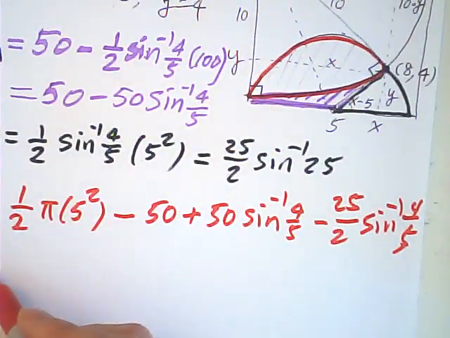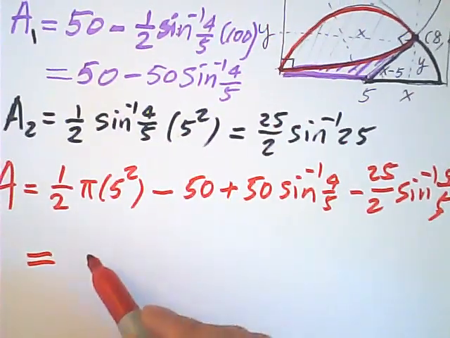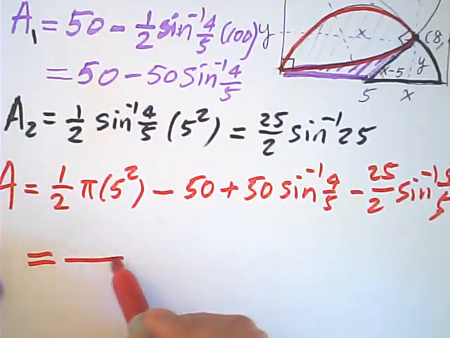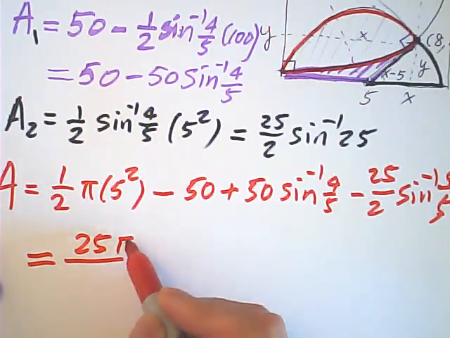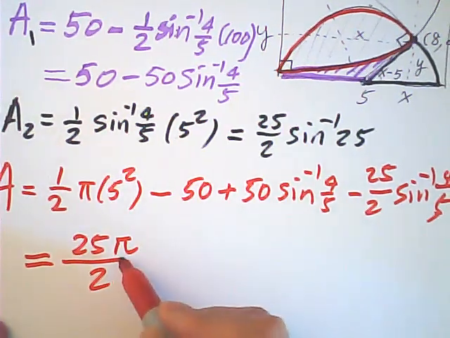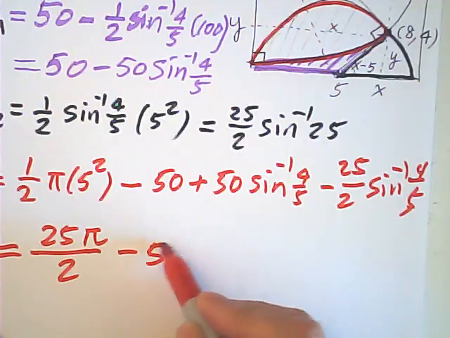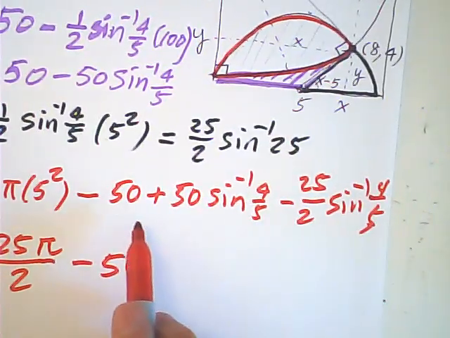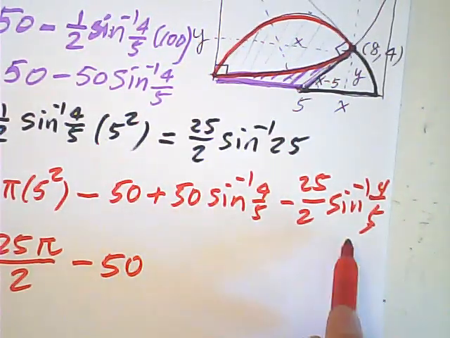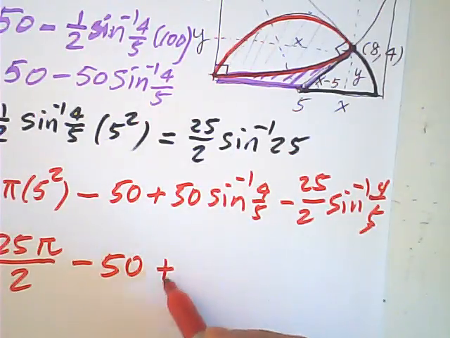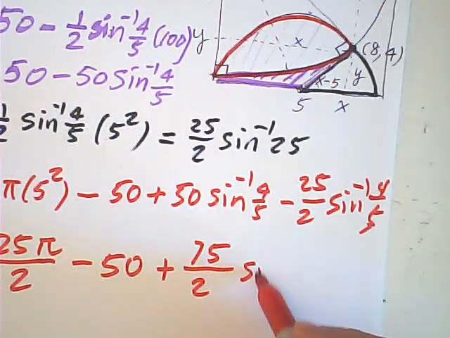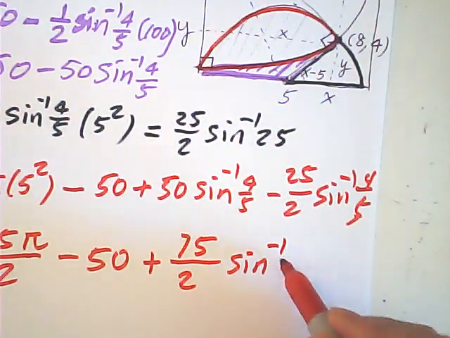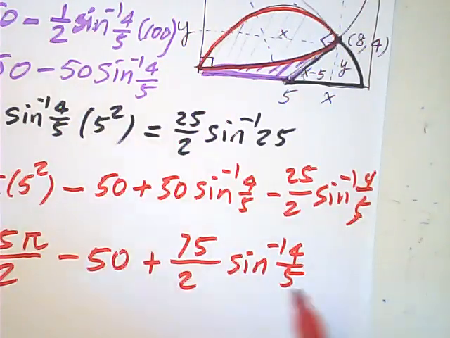Yeah. So we end up with 25 pi over 2 minus 50. These combined is equal to plus 75 over 2 arcsine inverse 4/5.